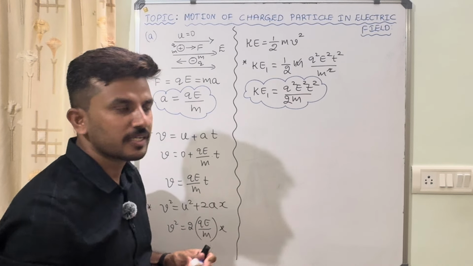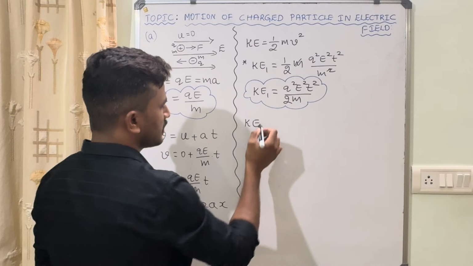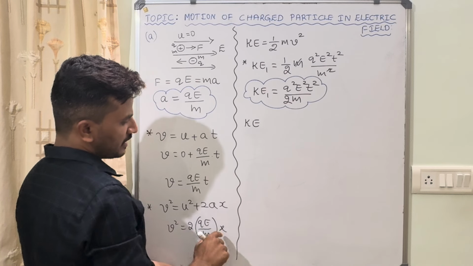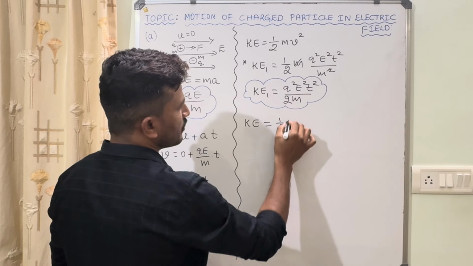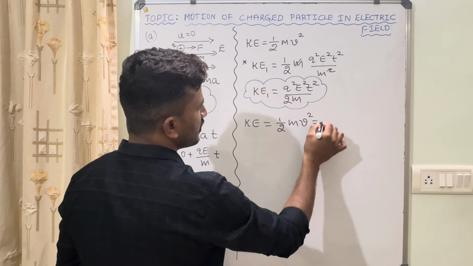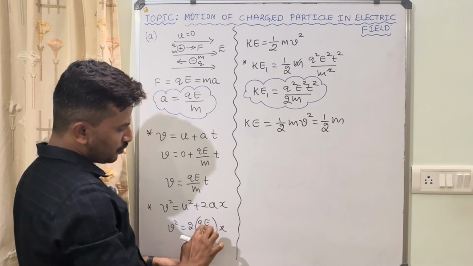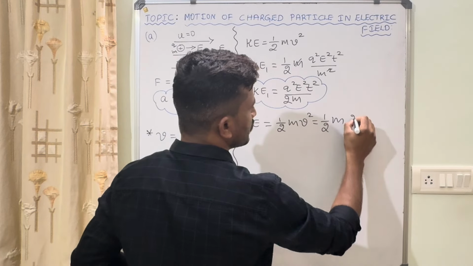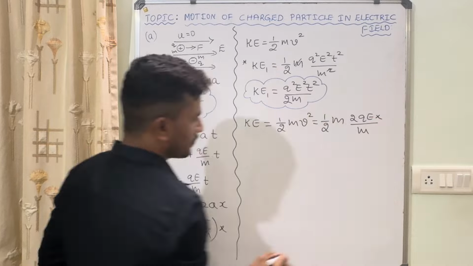Okay. Next we have kinetic energy in terms of displacement. You can write S, X, Y, whatever it may be, that is equal to half m V square, that is half m. What is V square? 2QEX divided by m.